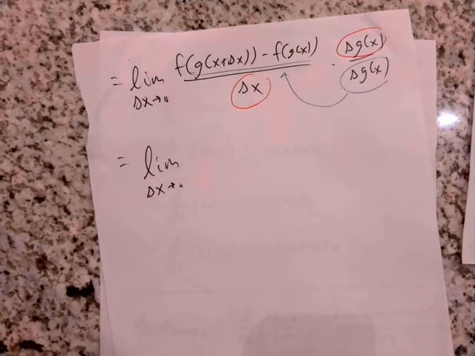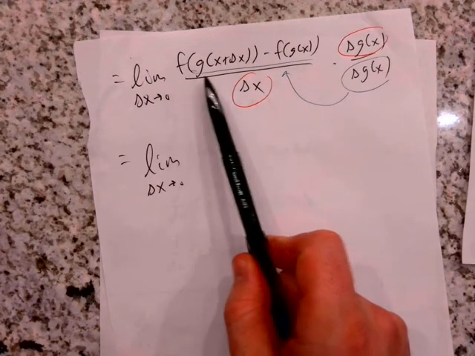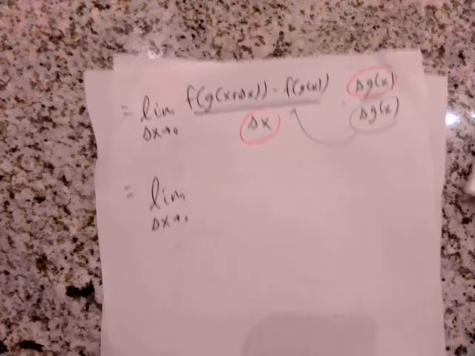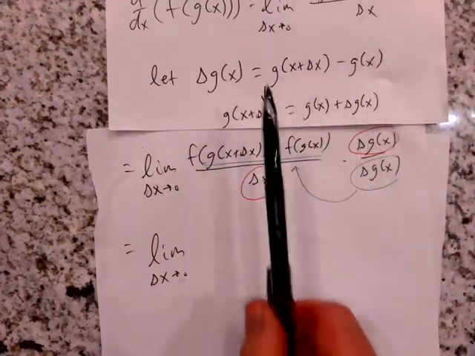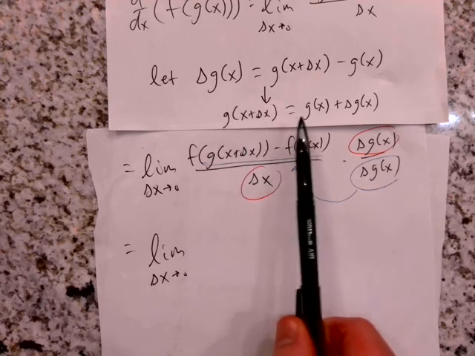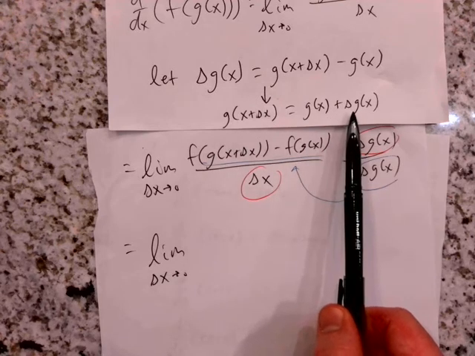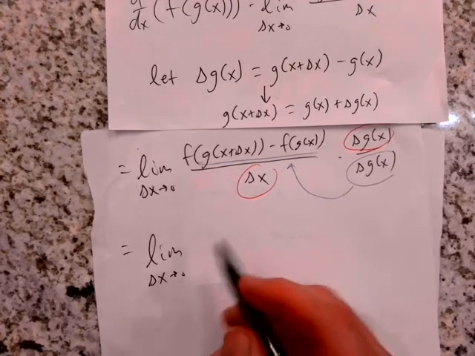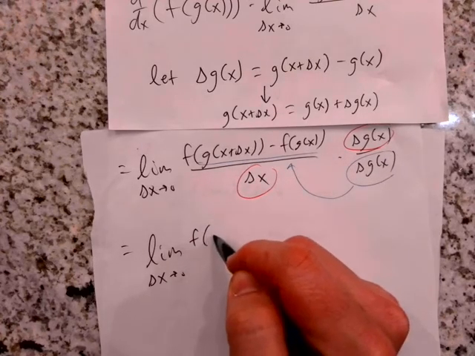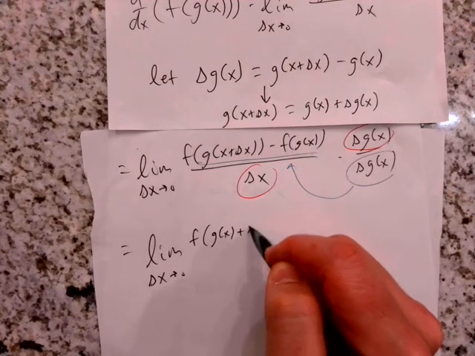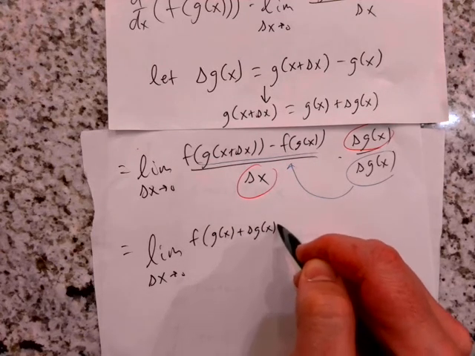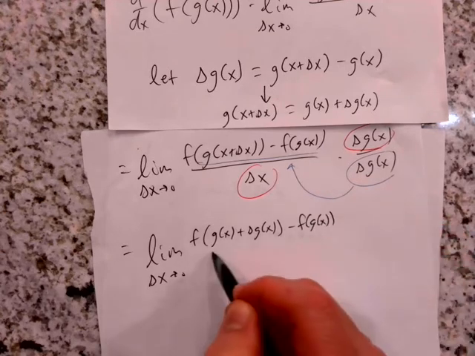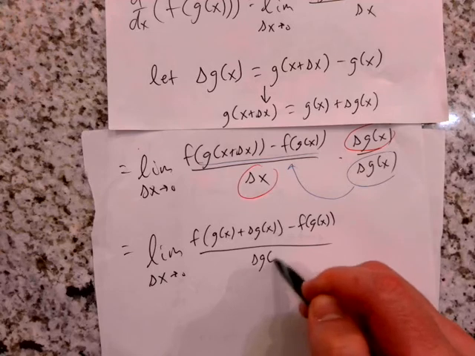And actually, when we do two things at one time, we can see here that we have f of g of x plus delta x. And we showed in our previous page that g of x plus delta x is g of x plus delta g of x. So I'm going to substitute this in for that g of x plus delta x to give me f of g of x plus delta g of x, and then minus the f of g of x, all over delta g of x.